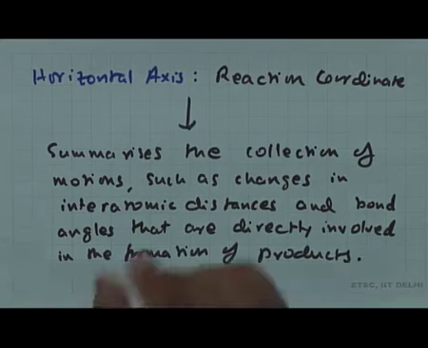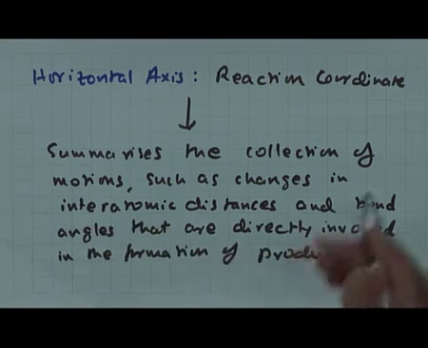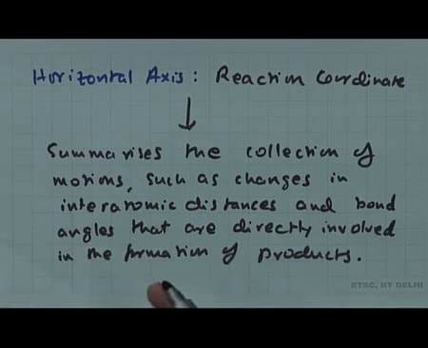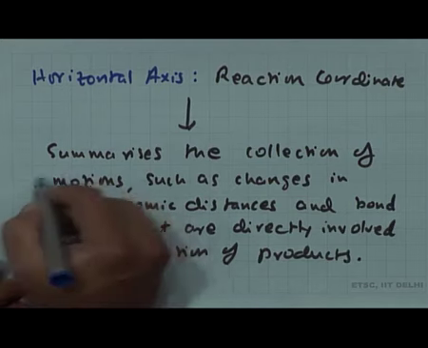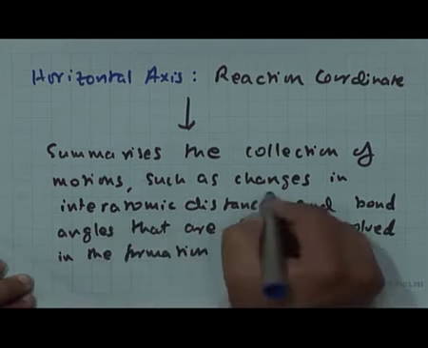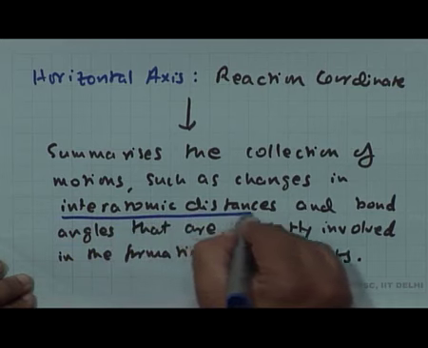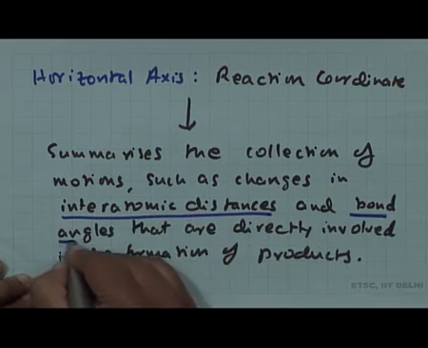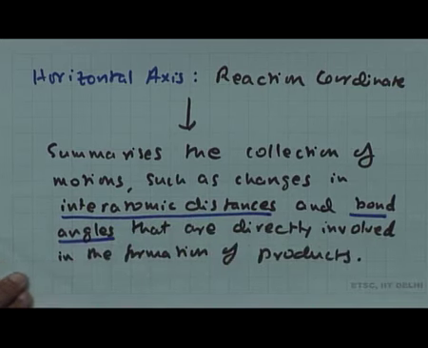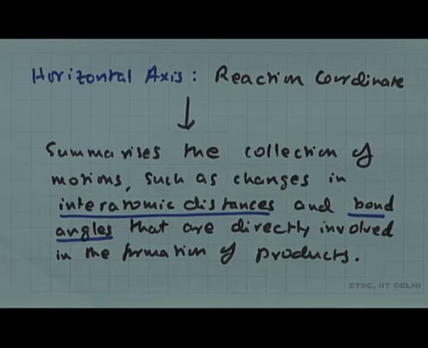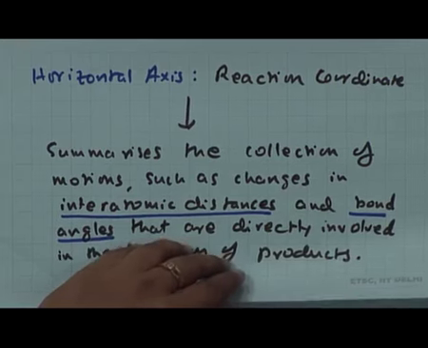Okay. So, again what it does, it summarizes, that means it is the collective coordinate of the changes in interatomic distances and or bond angles that are directly involved as you move from the reactant side to the product side.